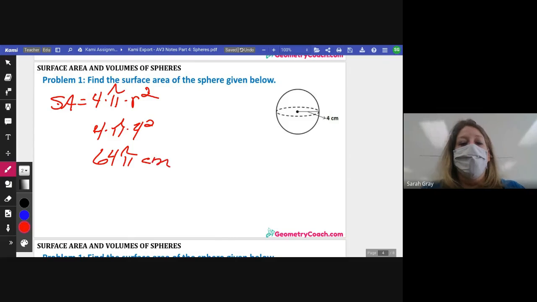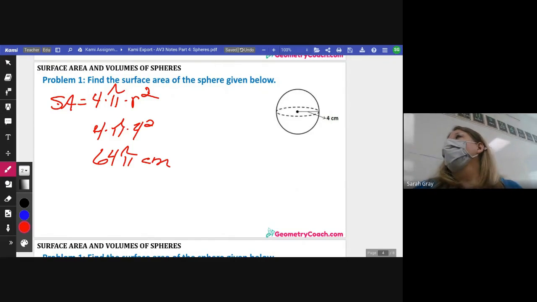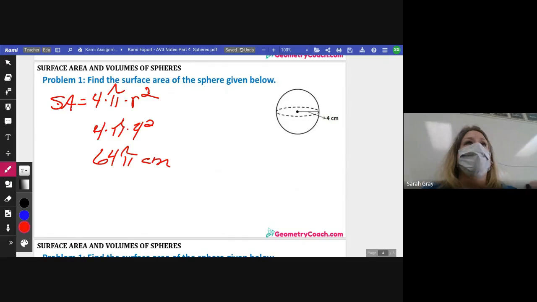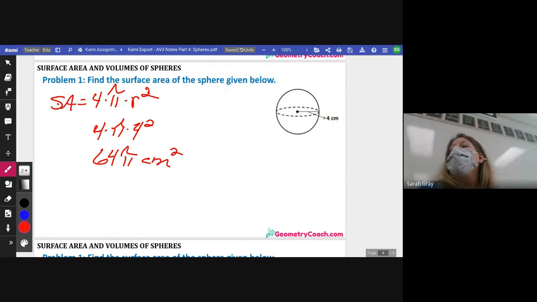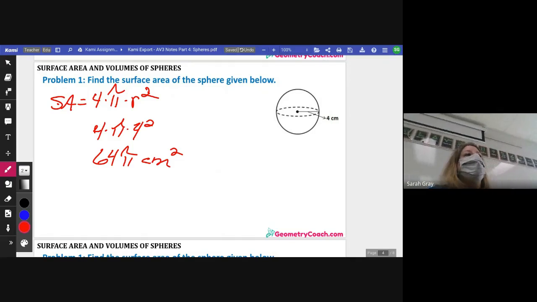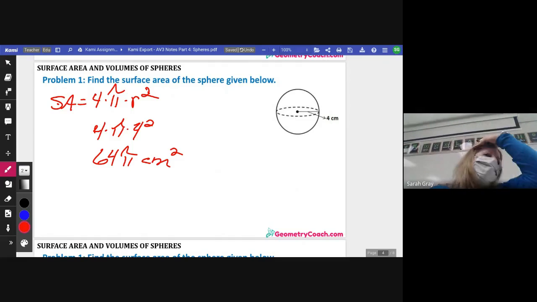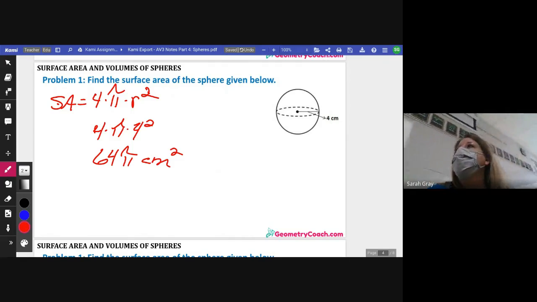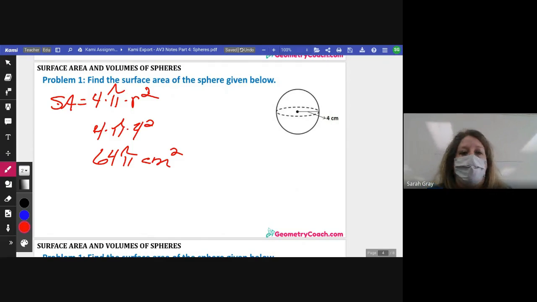And then is it cubed or squared? Alyssa, squared, it's surface area. Okay, easy peasy, right? You just plug it in, work it out.